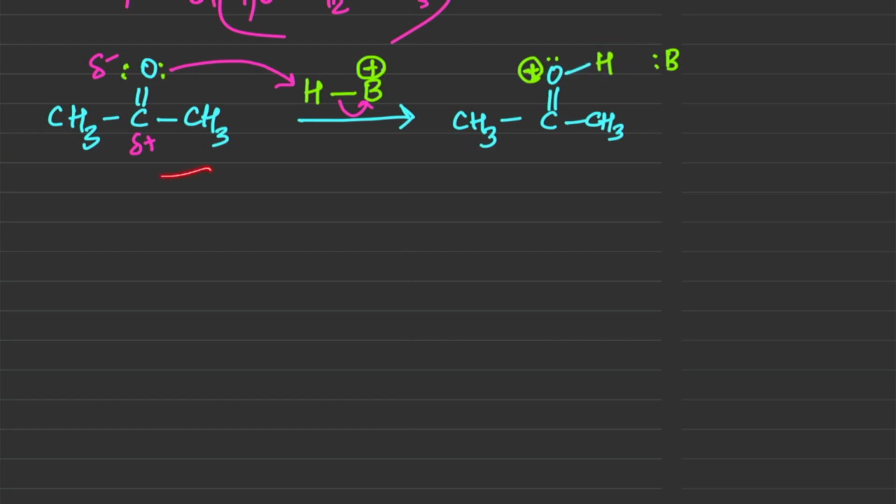That's basically going backward, where you started from. In this mechanism, every step can go in either direction, so every step is in equilibrium with the previous step.